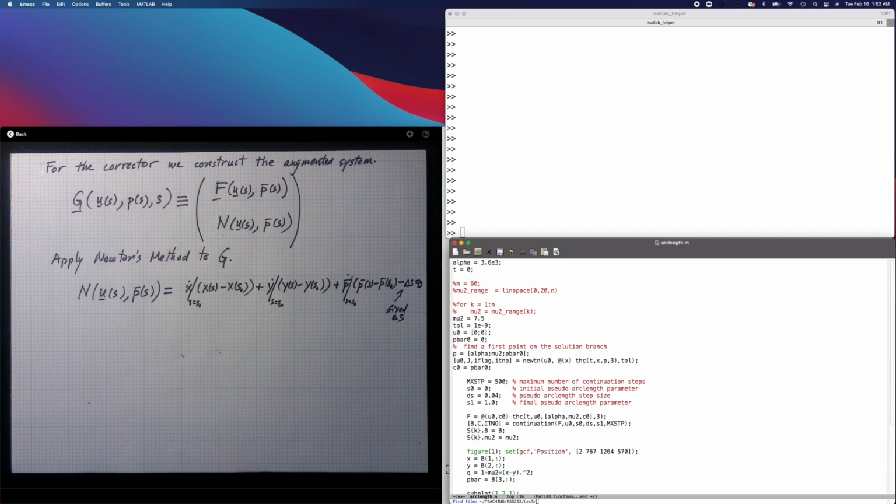That's the one that I want to vary. Then I'm going to take a maximum of 500 arc length continuation steps, or I'm going to try to vary s, from 0 to 1. So I'm going to keep incrementing, and I'll stop either after I take 500 steps, or when my arc length increases from 0 to 1 in steps of 0.04.